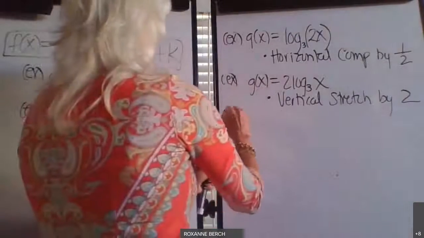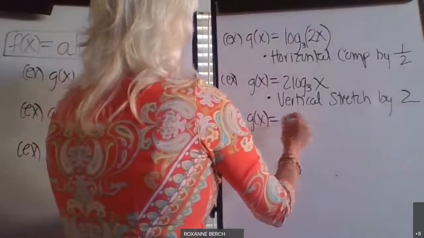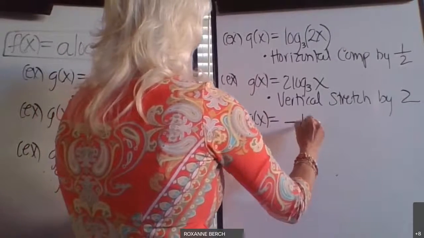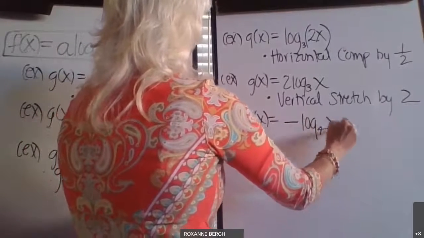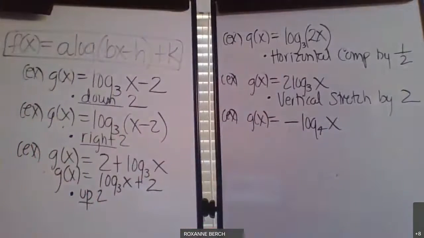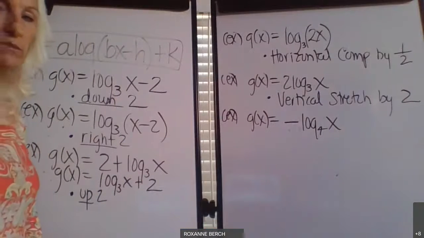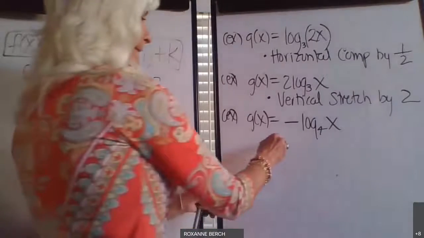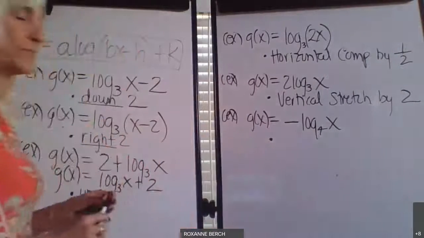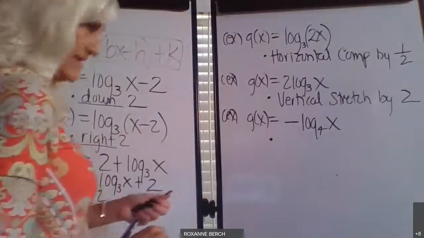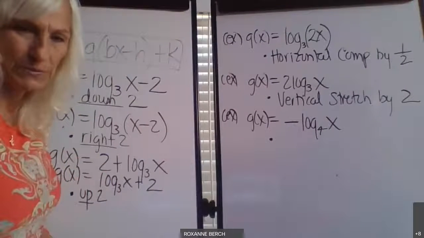What do you think about this guy? Negative 1 times the log base 4 of x. What's that? A. Yep. And what does A do? When it's negative, what does it do?